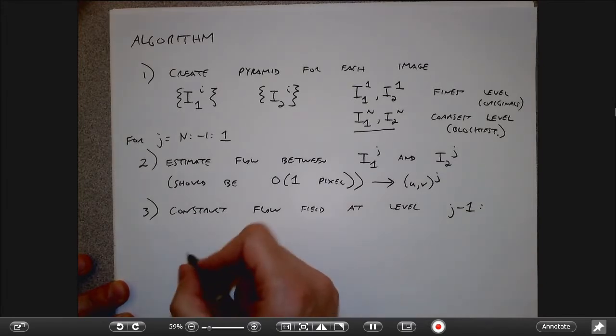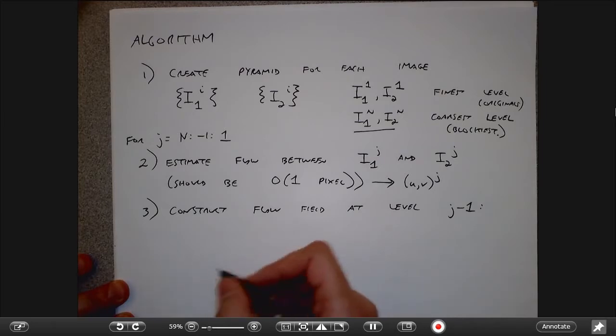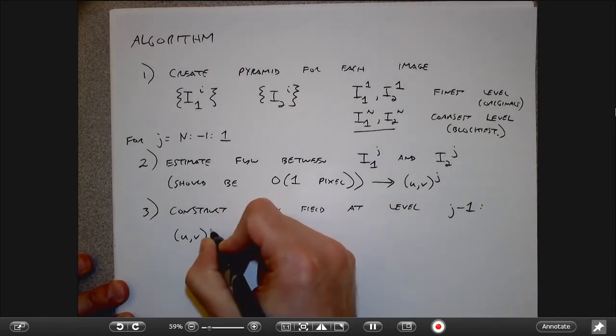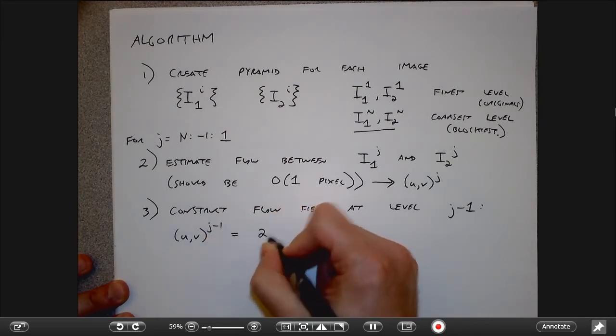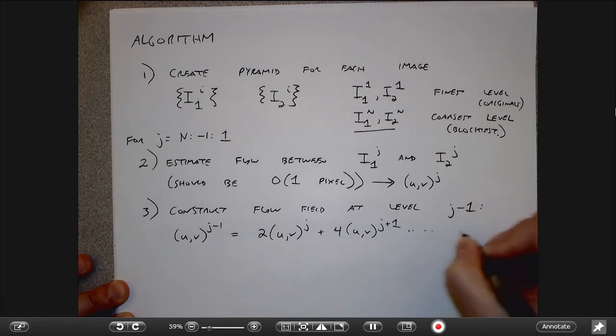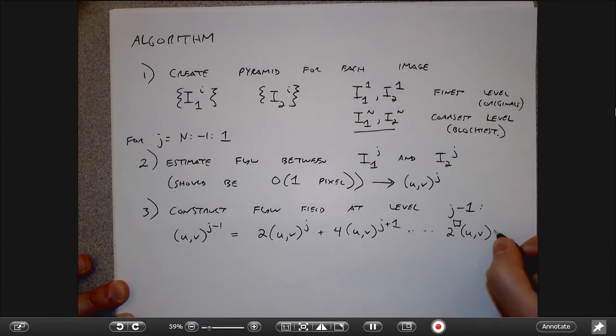Basically, this is where the math gets a little bit messy. What I do is I'd say something like, okay, the UV at level j minus 1 is going to be like 2 times the UV flow field at level j plus 4 times whatever the flow field was at j plus 1, all the way to 2 to the whatever, I'm going to put a box here, times the flow field at the coarsest level, right?